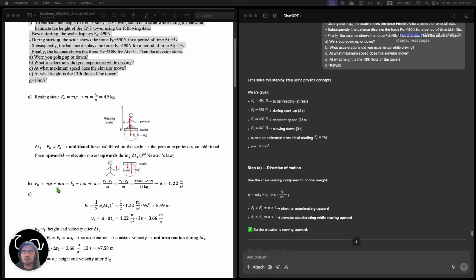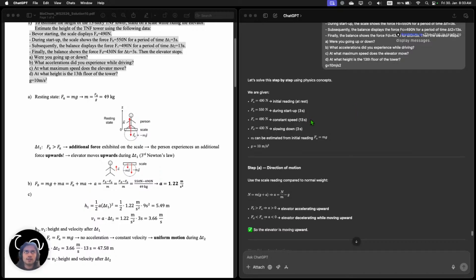F_B equals mg plus ma, which is equal to F_A plus ma. Newton's third law.